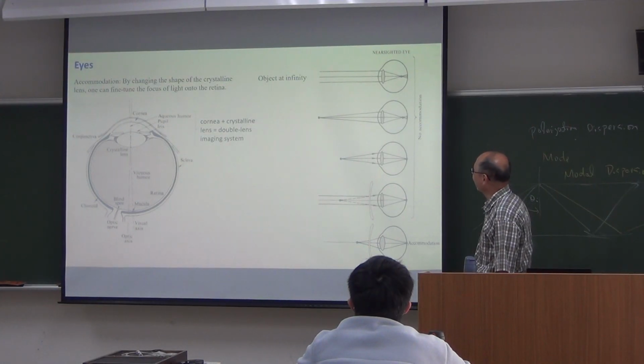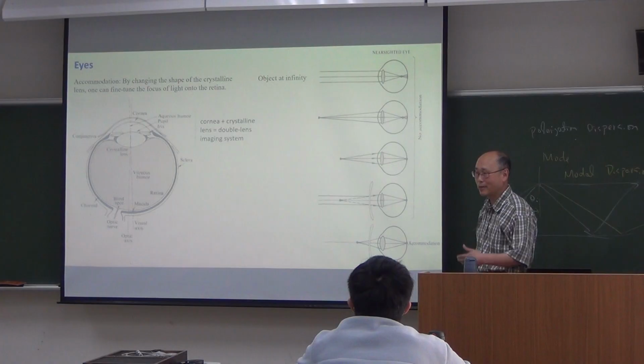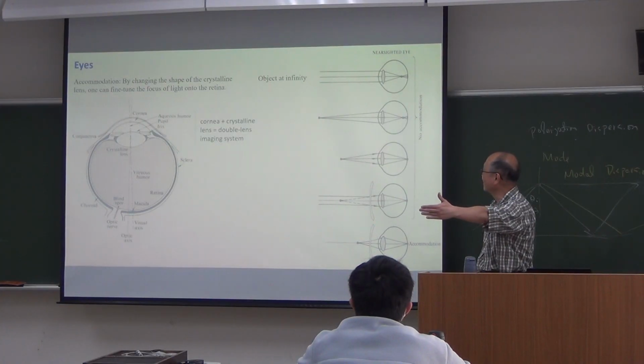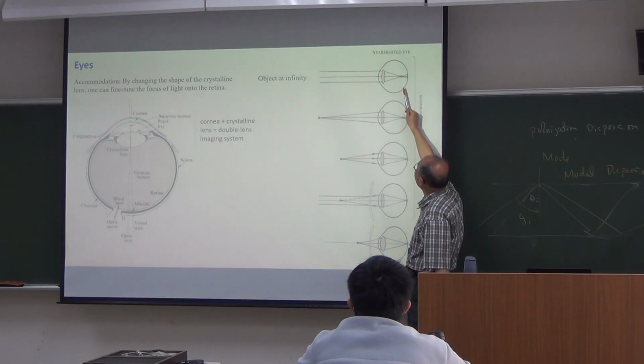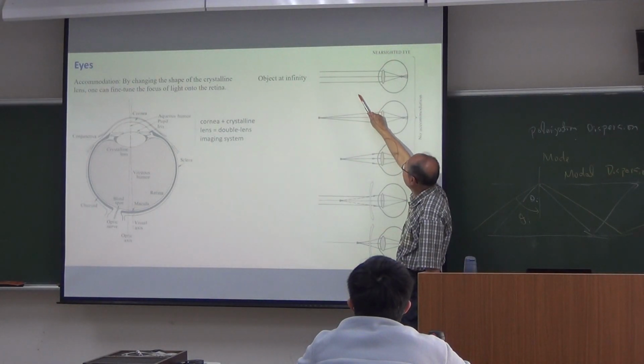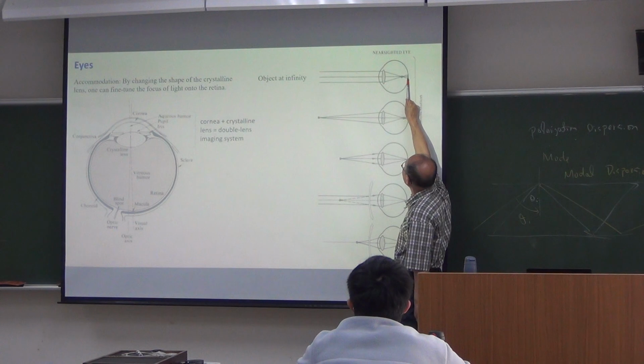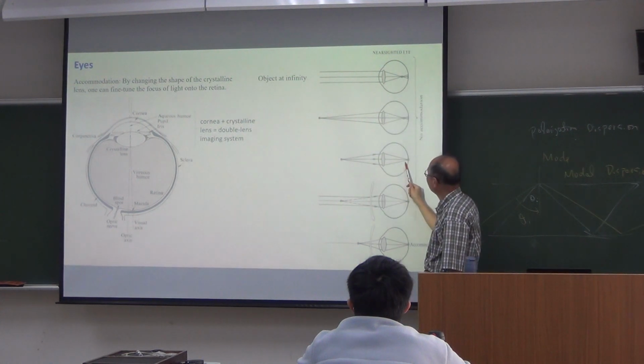In the regular situation, for example, when I look at you with a healthy eye, previously when I have an object at infinity, it's going to be here, but then I can still see you.